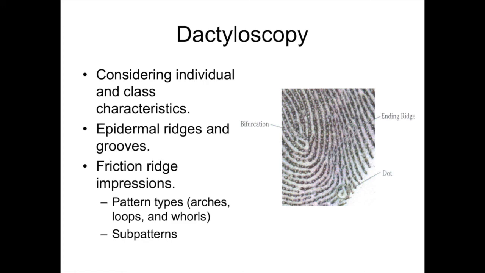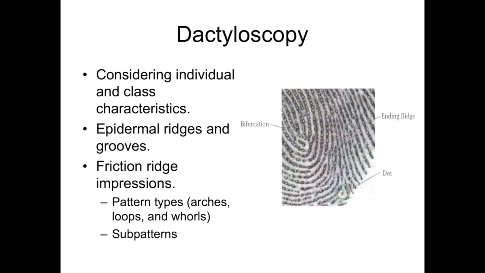There are three main pattern types that all humans express in some way, shape, or form. You have arches, loops, and whorls. And we'll be looking at some of the sub-expressions or subclasses of those categories.